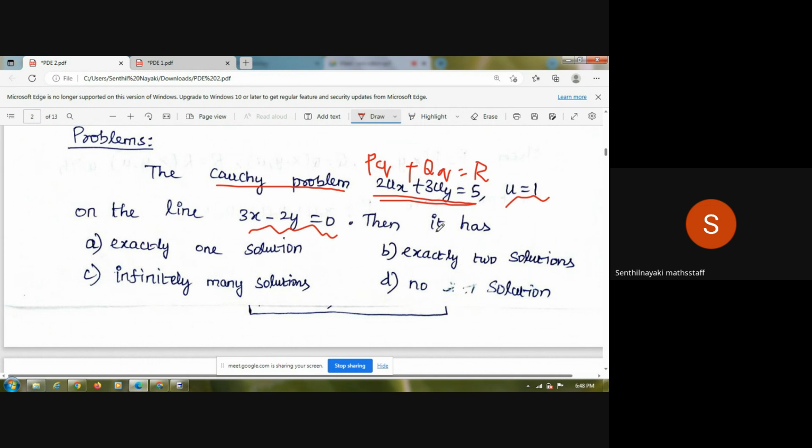So now the question is we have to find out which type of solution exists for this problem: exactly one solution, exactly two solutions, infinitely many solutions, or no solution. So we have to find out this thing.